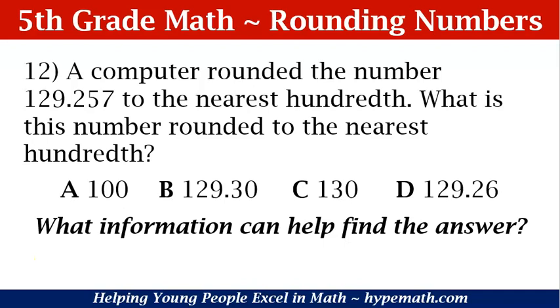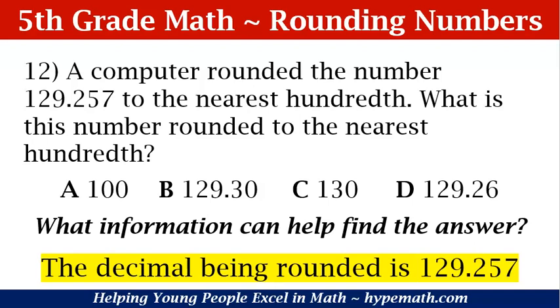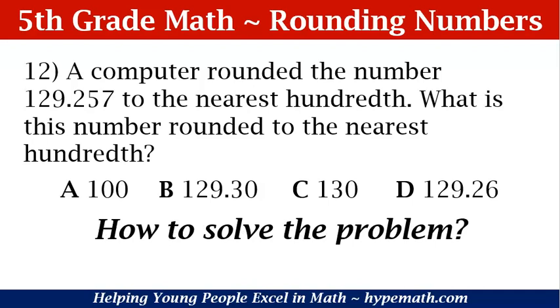What information can help us find the answer? The information that can help us find the answer is the number 129.257, and we are rounding it to the nearest hundredth place. How do we need to solve the problem?